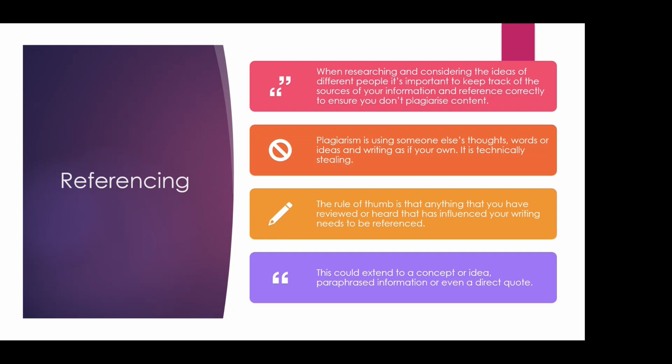So knowing what plagiarism is and knowing how to ethically use the information is one of the things that we are responsible for teaching to the whole world. That's one of the things librarians do. So it says the rule of thumb is anything that you have reviewed or heard that has influenced your writing needs to be referenced. And it could extend to a concept or idea, paraphrased information, or even a direct quote. Okay, so anything that we use that is from somebody else's idea, we need to give them credit for.